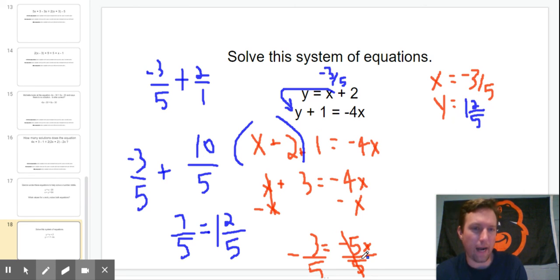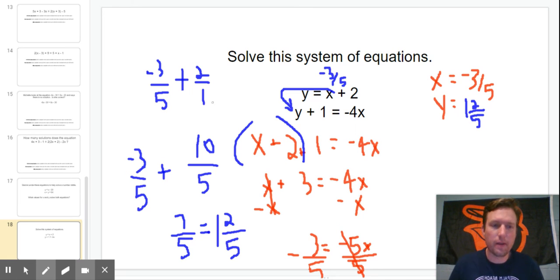We solved for x. That was our negative 3/5. We then took the value that we solved for x and plugged it back into our equation, negative 3/5 plus 2. We added them and got our value for y, 1 and 2/5. So you just solved this system of equations using the substitution method.